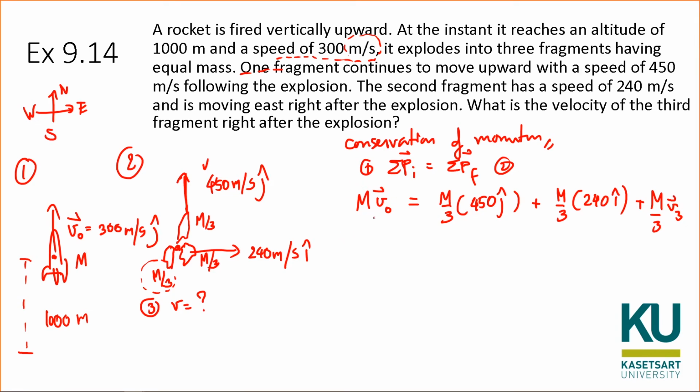So this is 300 j. You can see M can cancel out, so I get all the M out.